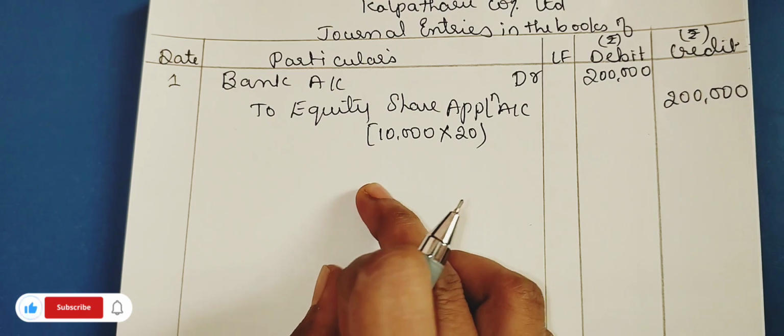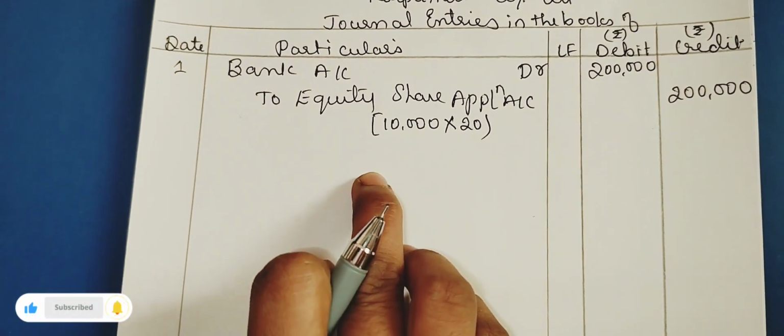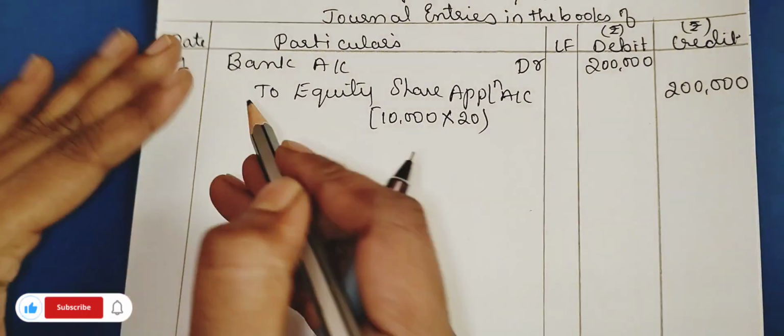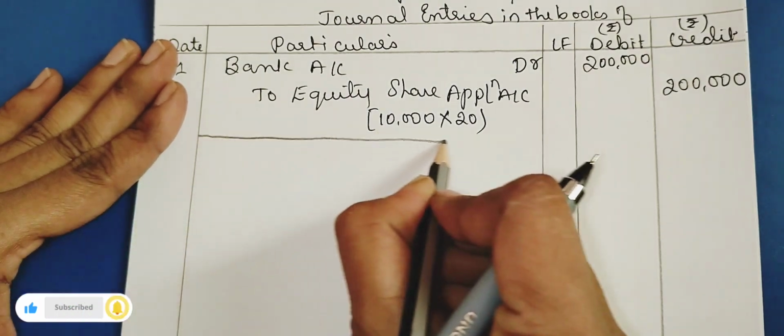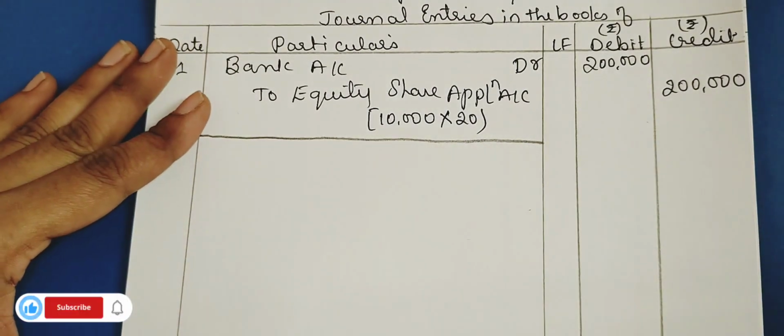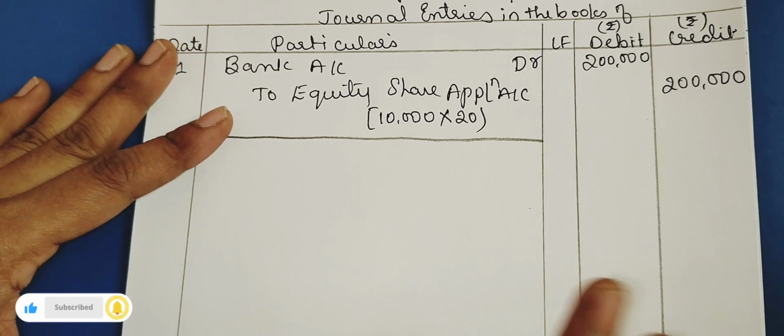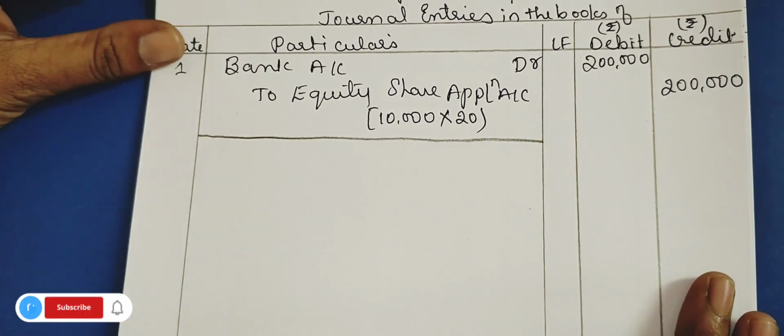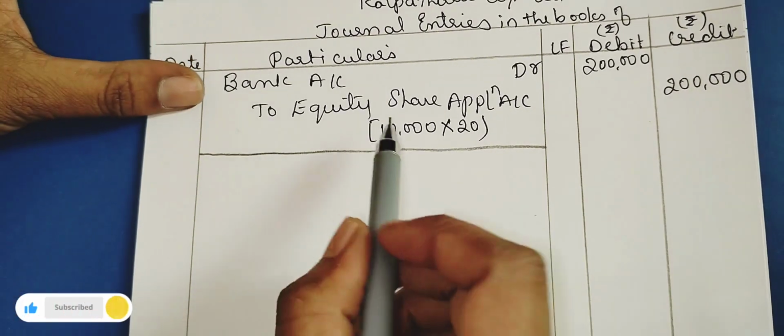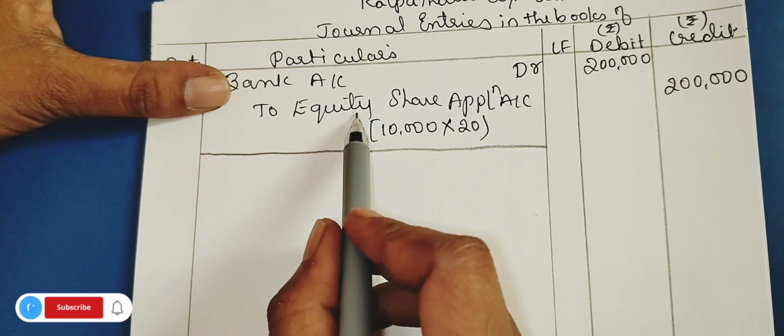Here I am not going to write narration, but you people don't miss it, write the narration. Okay. Now the application money we received, we need to transfer into share capital account. Here we have credited application.